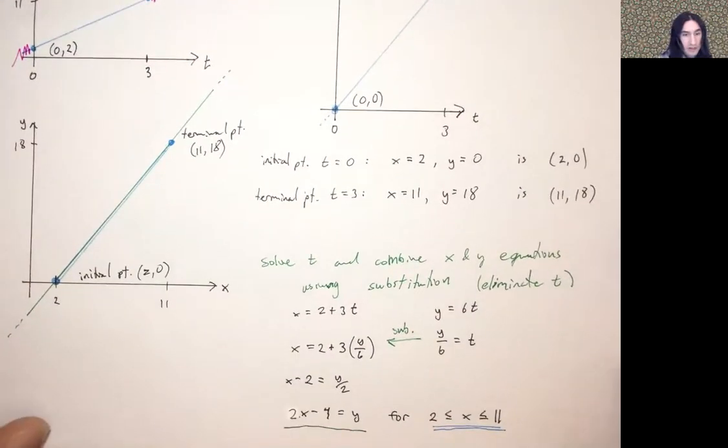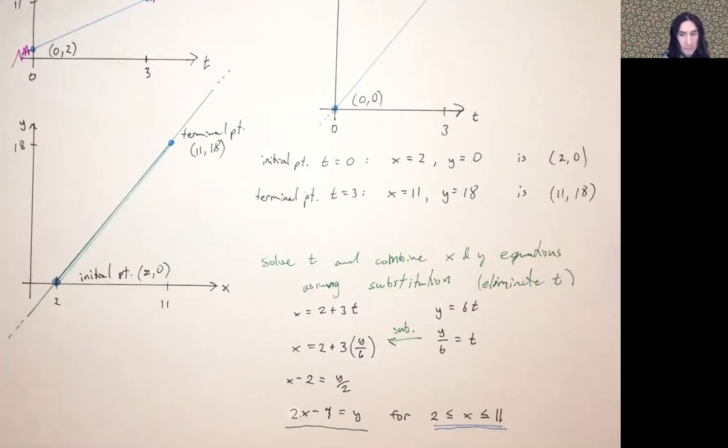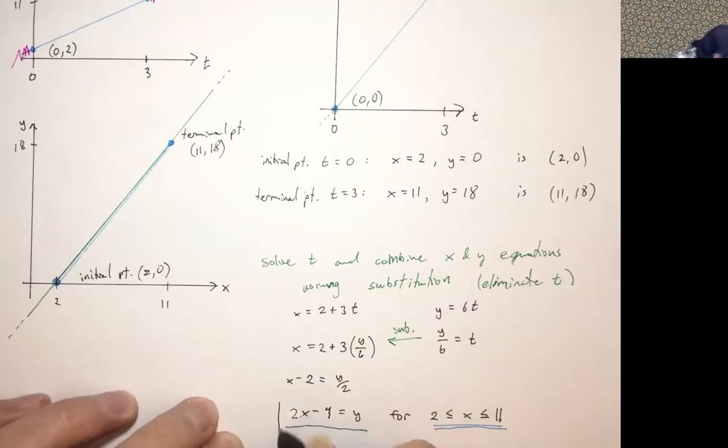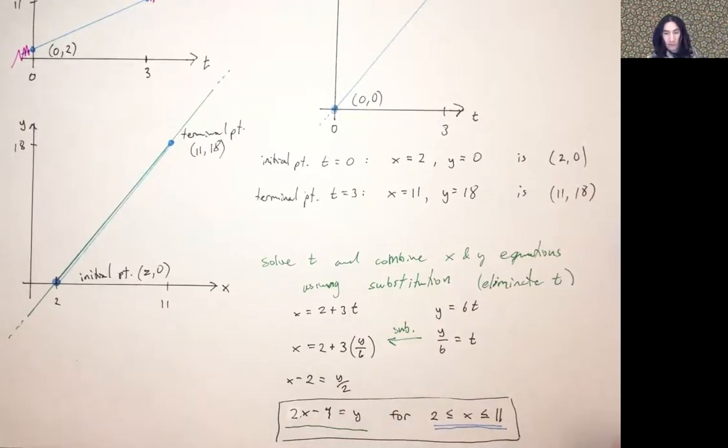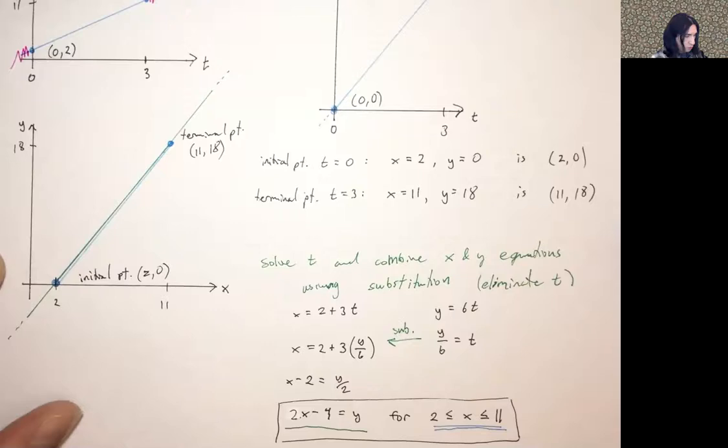Okay, so that's just going from 2 to 11 right there. So this is a portion of our answer right here. This is an equation for our curve just in terms of x's and y's. We've eliminated the parameter.